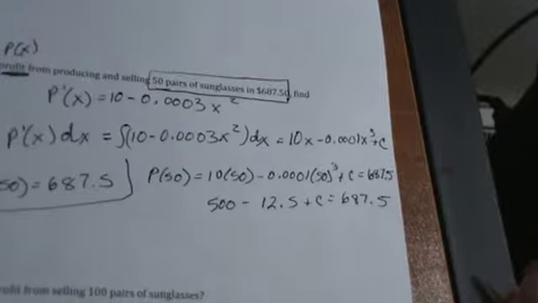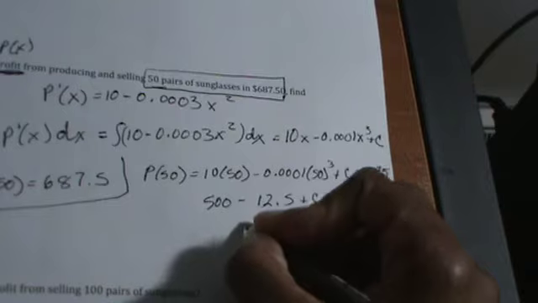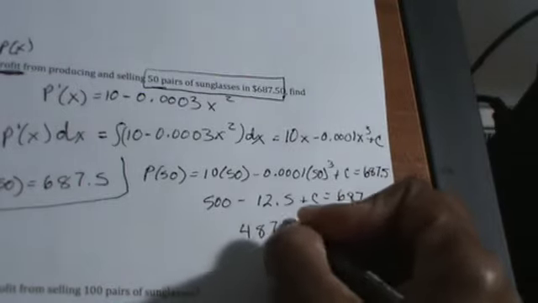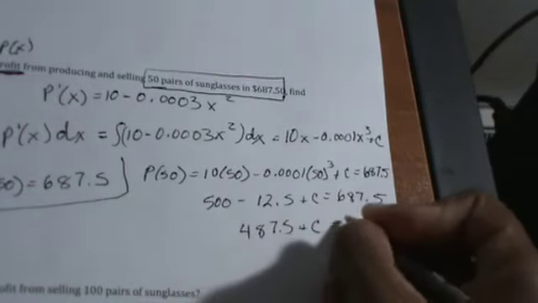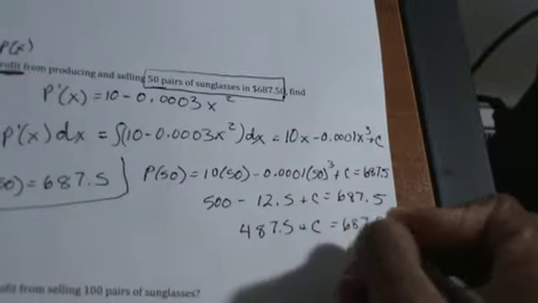Okay, so 500 minus 12.5, I got that this is 487.5 plus C equals 687.5.